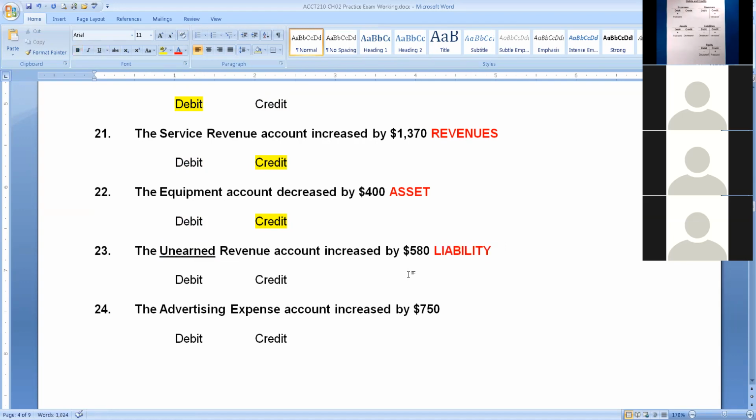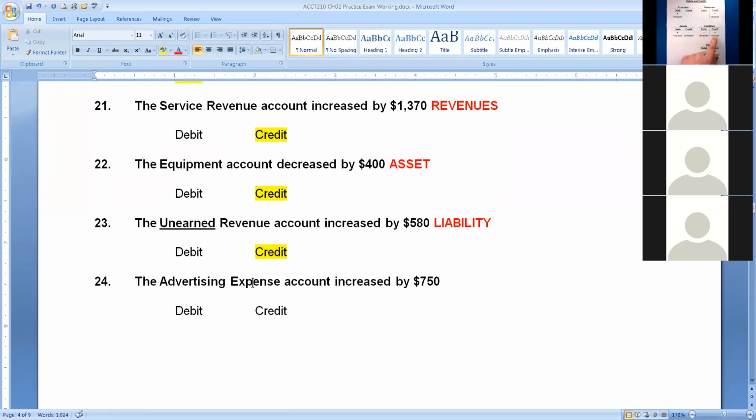It increased by 580, so that'd be a debit or credit? Credit. Yep. The liability increased. Expenses are always debits.